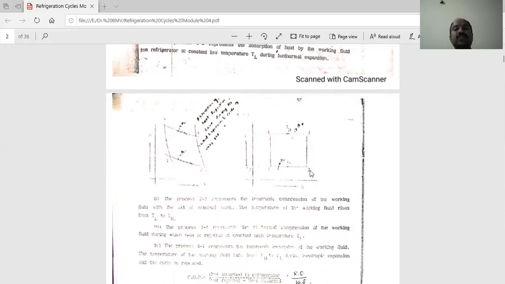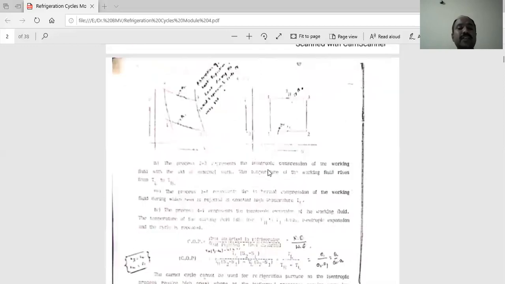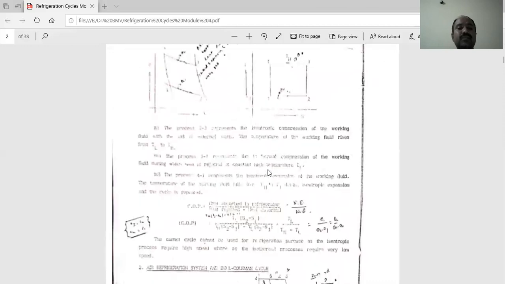Then process 2 to 3 is the adiabatic compression process. Then 3 to 4 is the isothermal compression process, in which heat is rejected to the atmosphere. Then 4 to 1, once again, is the adiabatic expansion process. Like that the system works.